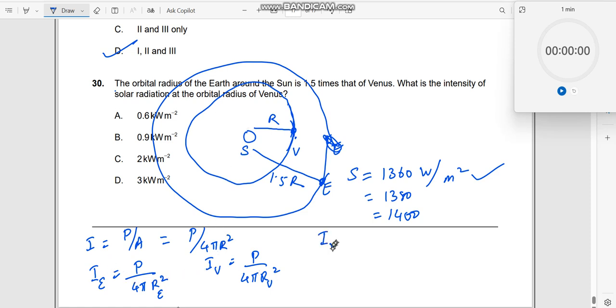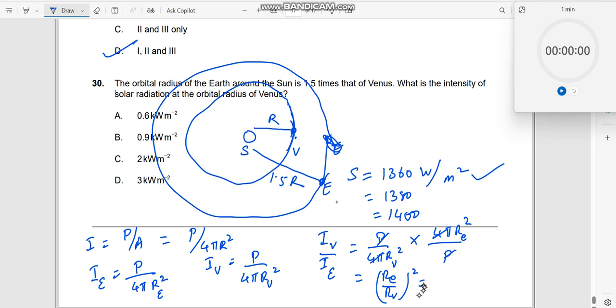So I will write I Venus by I Earth is equal to P by 4 pi r V square multiplied by 4 pi r E square divided by P. P and P cancel, 4 pi and 4 pi cancel, so I am left with RE by RV the whole square.